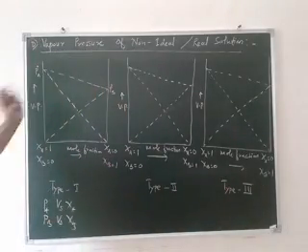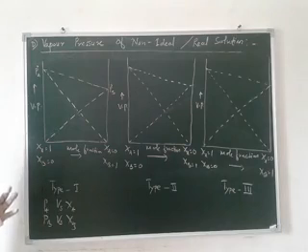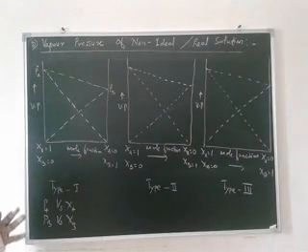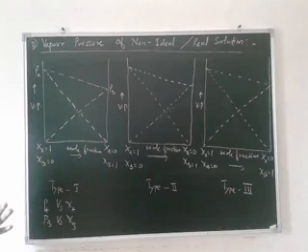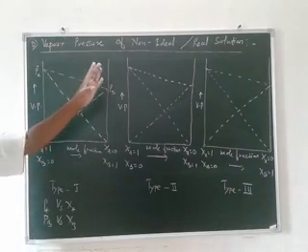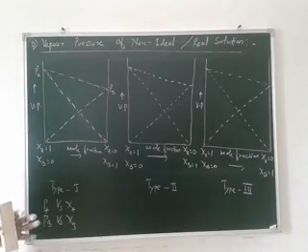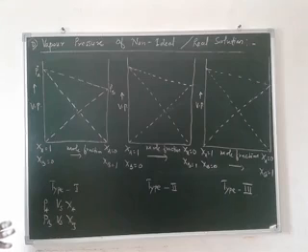Now we are going to discuss the non-ideal solution or real solution. The non-ideal solution is nothing but the solution which does not obey Raoult's law. Most solutions deviate from the ideal behavior, so such solutions are also known as non-ideal or real solutions.